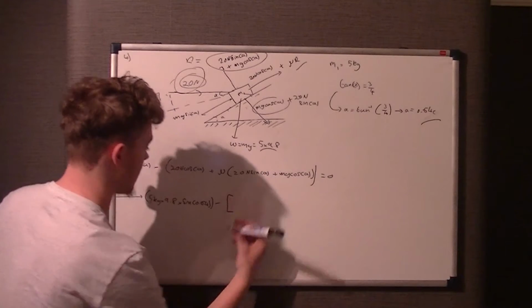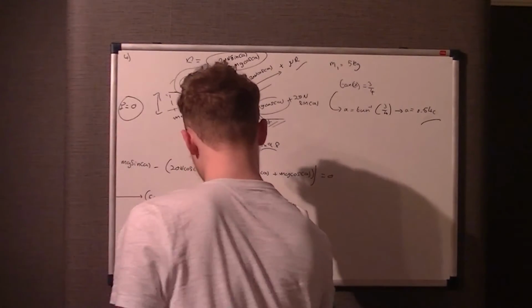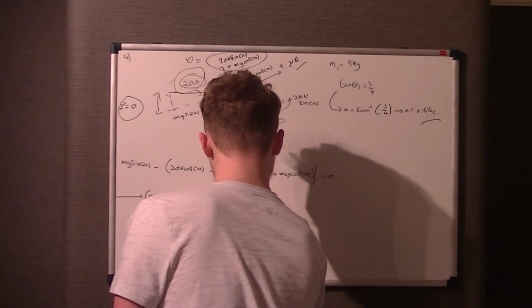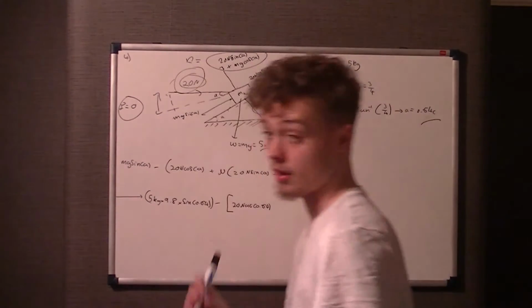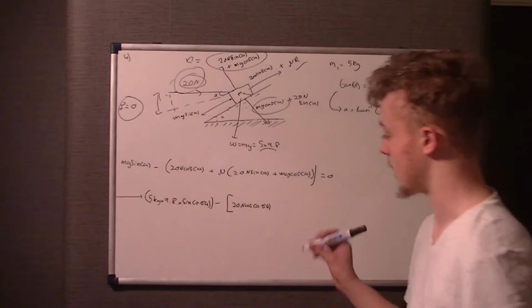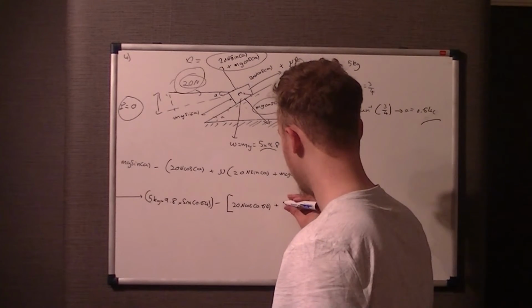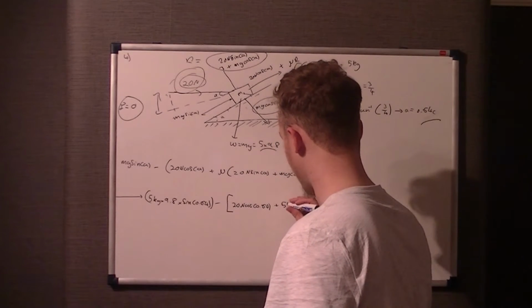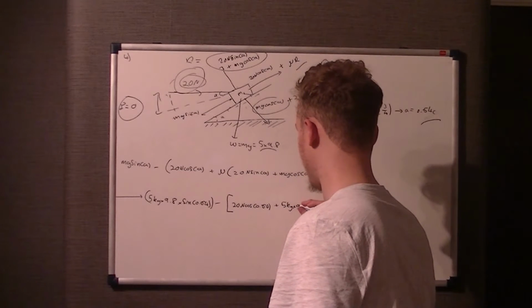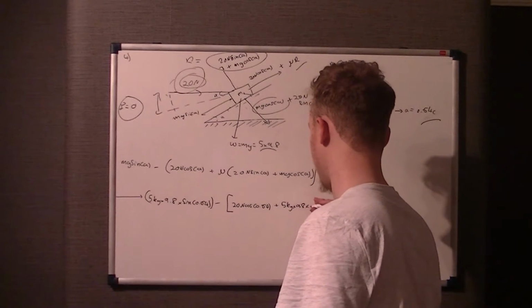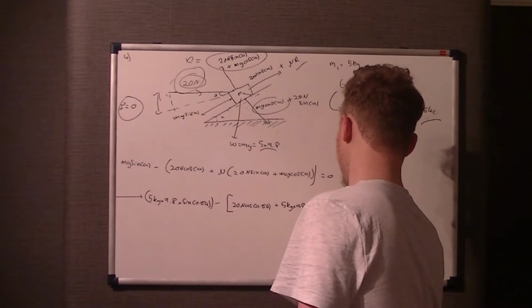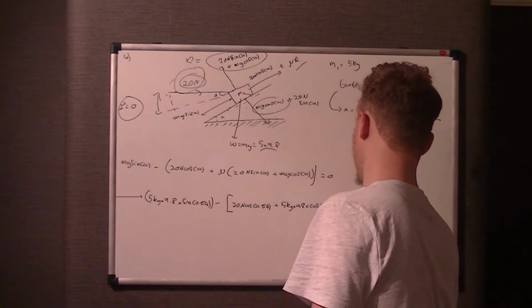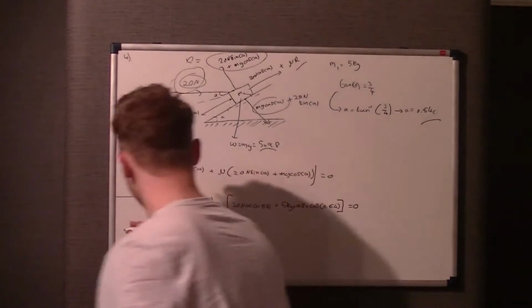Then take 20 newtons cos 0.64 radians, and if you use radians for all of it, or degrees for all of it, you should get the same answer. It shouldn't make a difference. Plus mg, which is 5 kilograms times 9.8 times cos of 0.64 radians. Square bracket that off as well, and that equals 0.